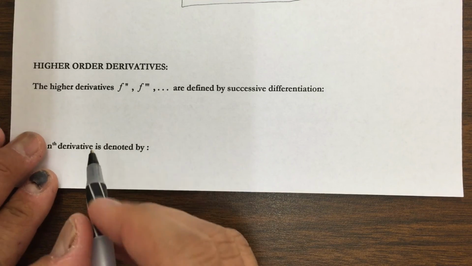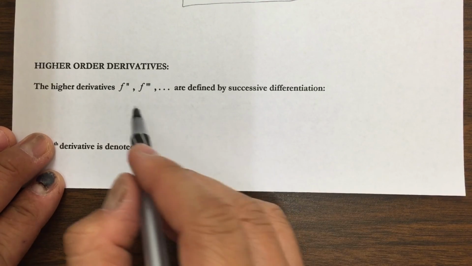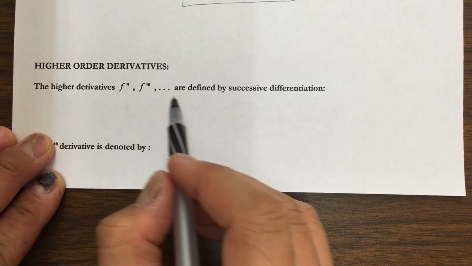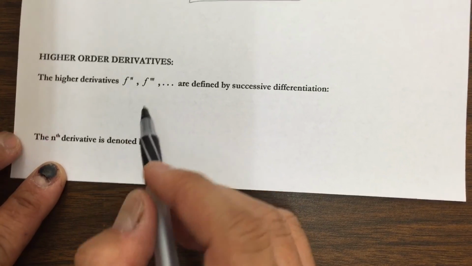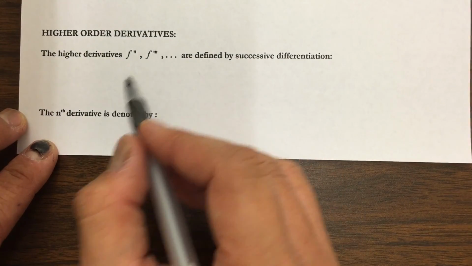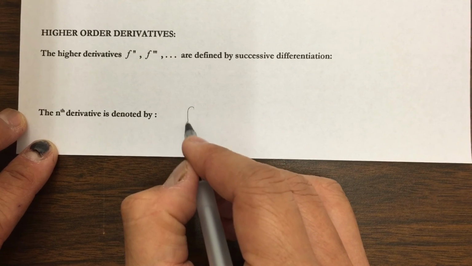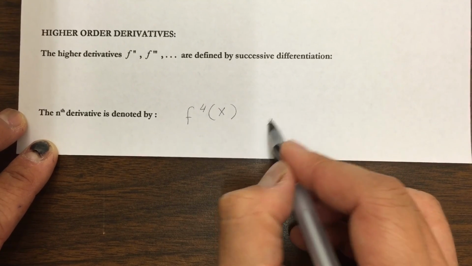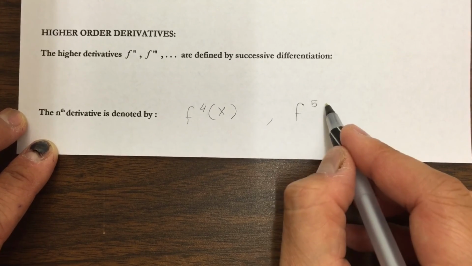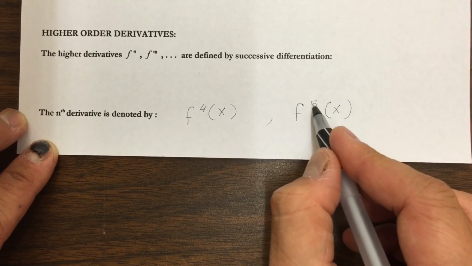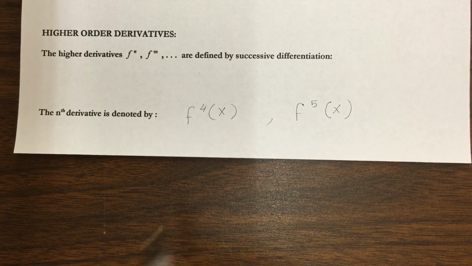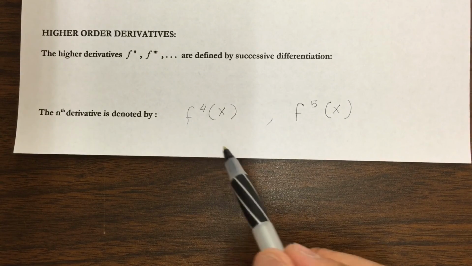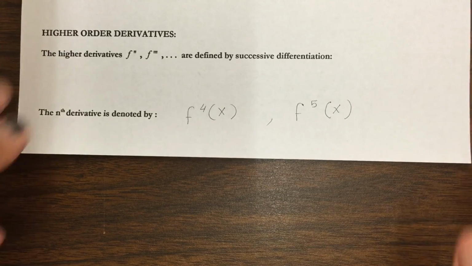Anything that's higher than 3, we just go, well, if we're looking at a fourth derivative, then we're just going to use the number 4. If we're looking at a fifth derivative, then we're going to use just the number 5. So anything above a 3, you're just going to explicitly use the number. Awesome.